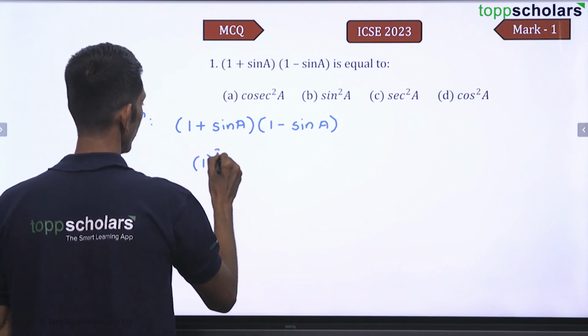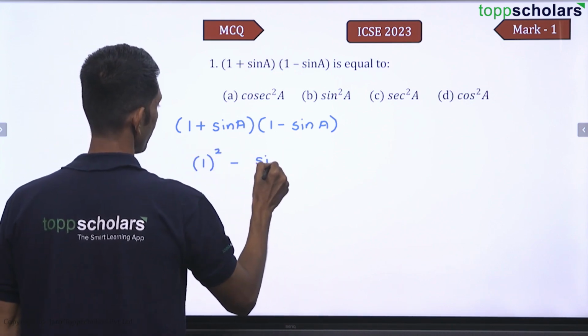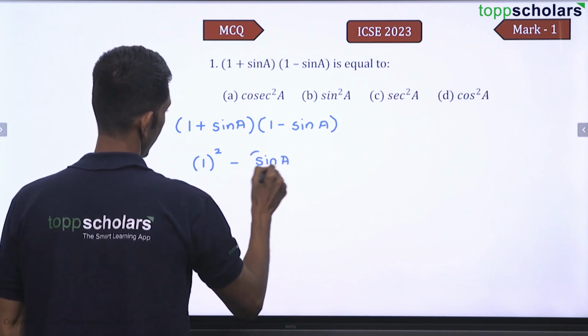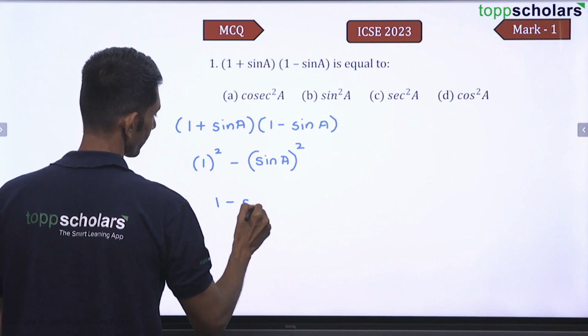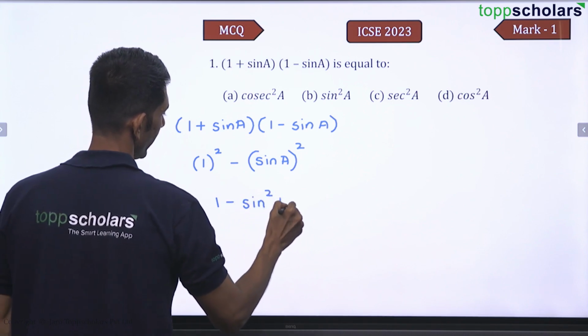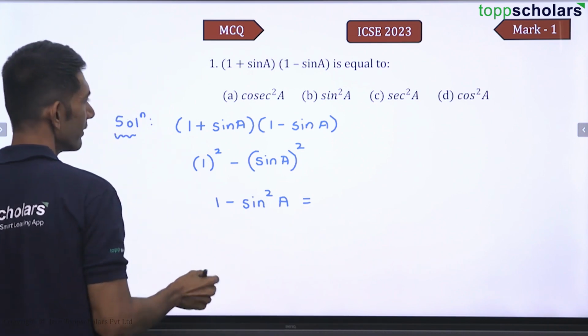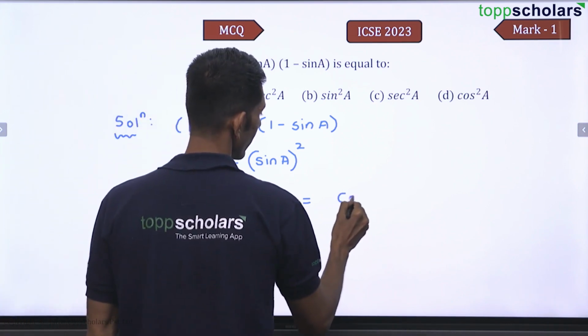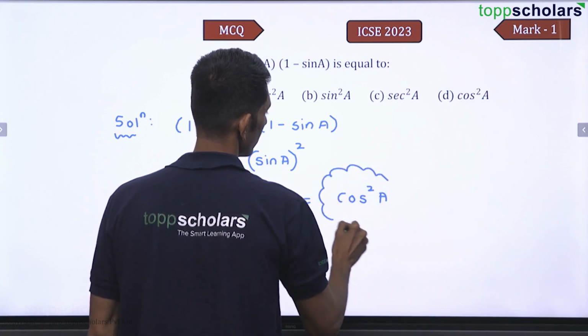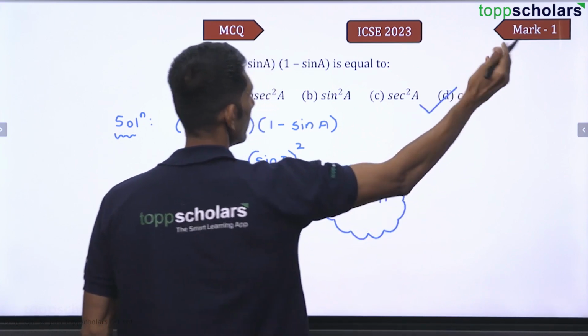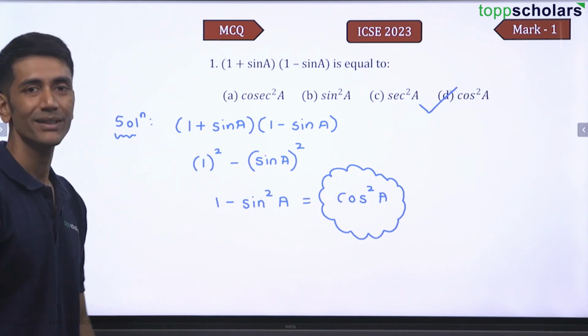So that is 1 square minus sine A the whole square. That is 1 minus sine square A. And what is 1 minus sine square A? Cos square A, right? That's it. Very easy, very simple, right?